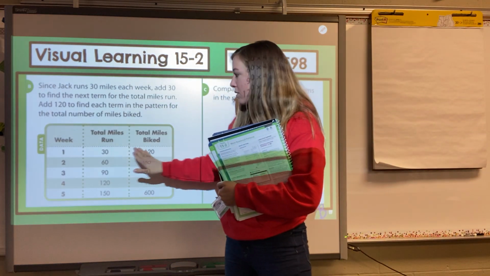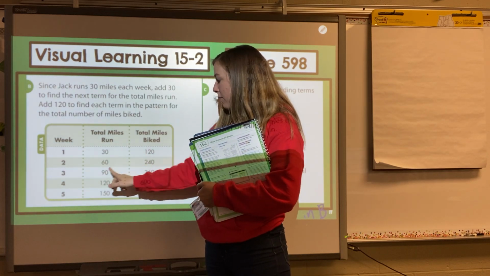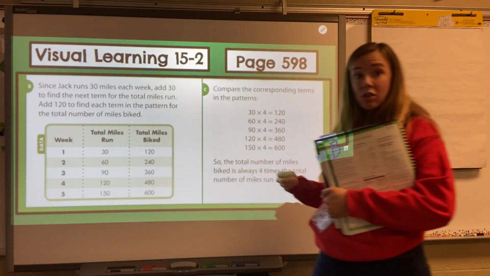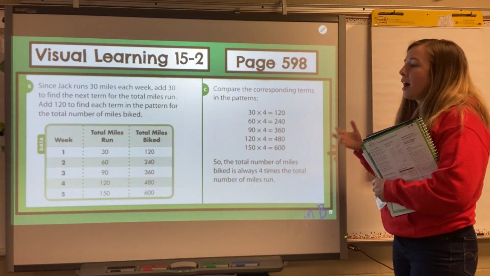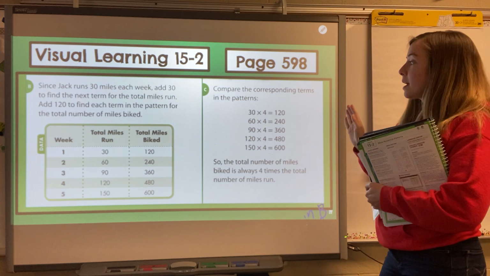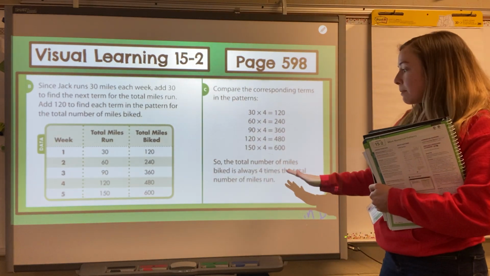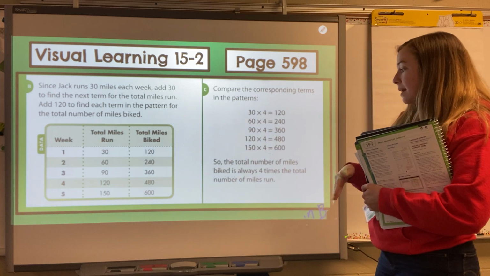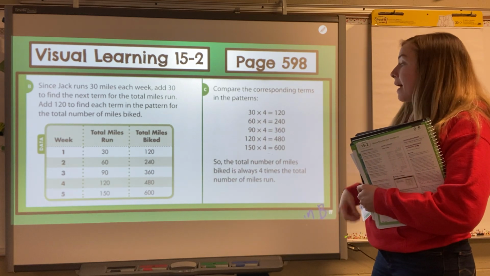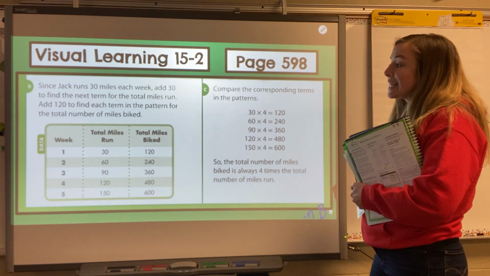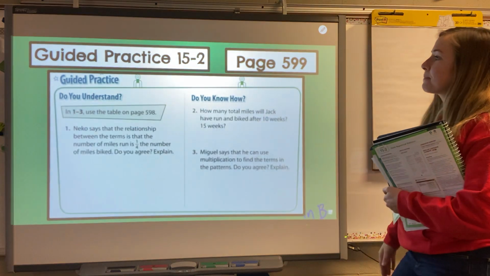And if you take out the zeros, you can really start to see this. 3 times 4 would be 12. 6 times 4 is 24. 9 times 4 is 36. So you can start to see that pattern with the smaller numbers and those zeros on the end. You can ignore them just to catch that pattern. But you can see the total number of miles biked is always 4 times the number of miles run. Or the total number of miles run is 4 times less than, or a fourth of, the total miles biked.